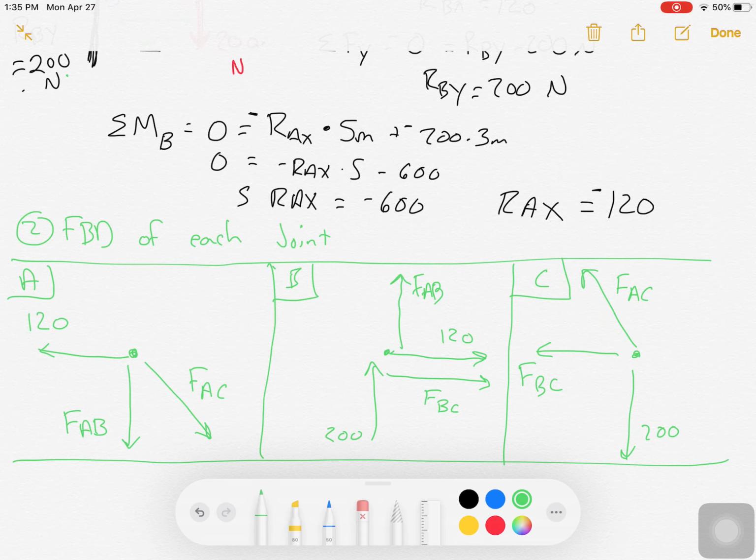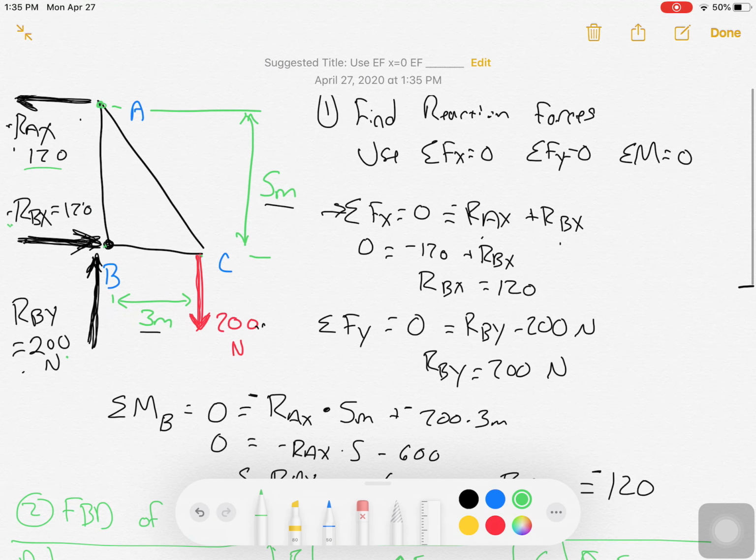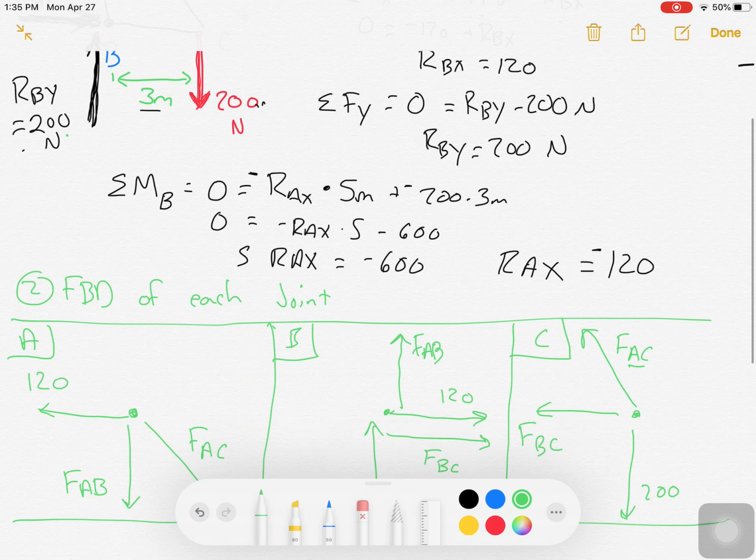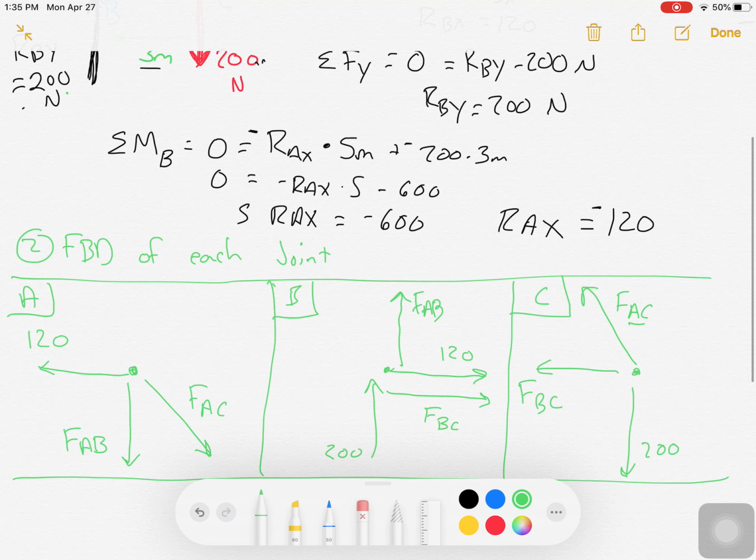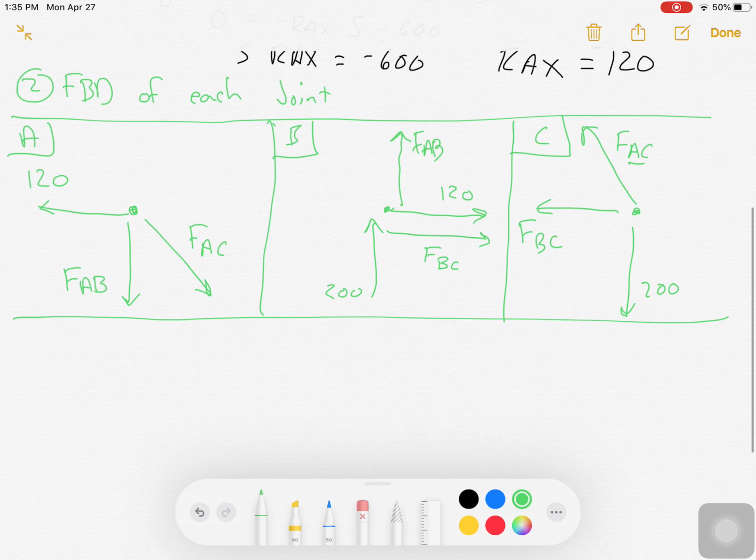Notice I still keep it AC, not CA. I don't want to switch it. I want to always keep these 2 letters in alphabetical order. That way I don't get things mixed up, and I don't fail to realize that AC and CA are the same thing. Okay? So step 2 is to draw a free body diagram of each joint. And we did that based off of our drawing, and we've made our joints.